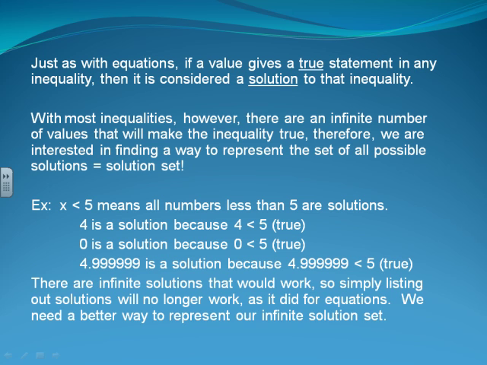That's true. And you would agree with me, if you think about that, there are an infinite number of solutions that you could come up with that would work. So simply listing out the solutions will no longer work as it did for equations. We need a better way to represent the infinite solution set, or the infinite amount of numbers that make an inequality true.